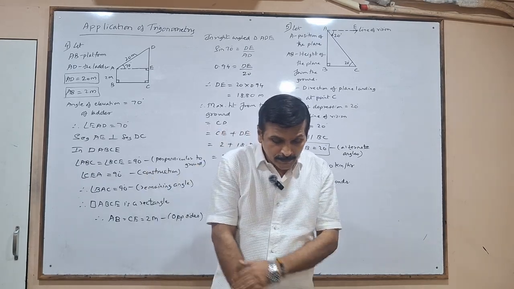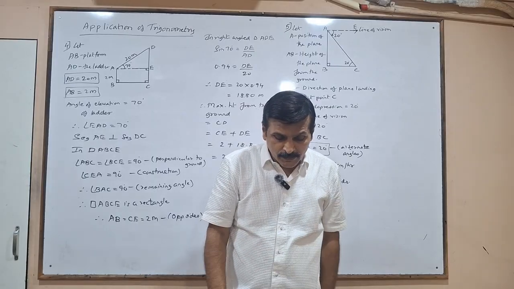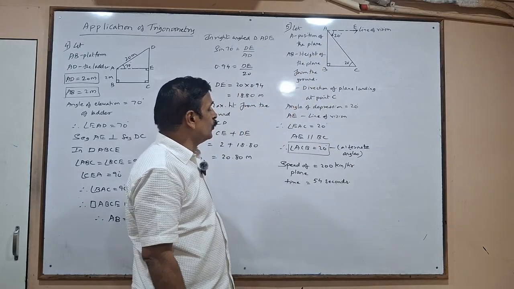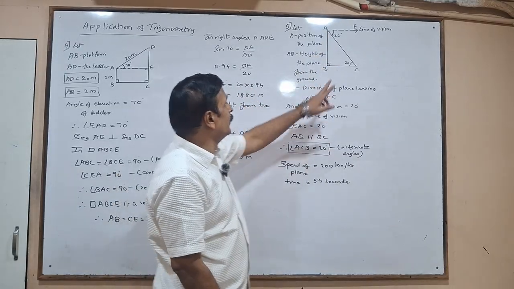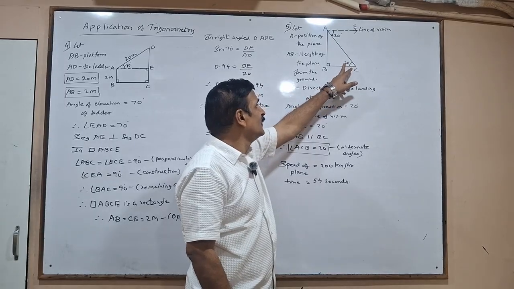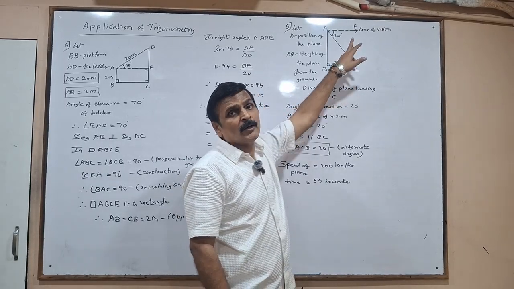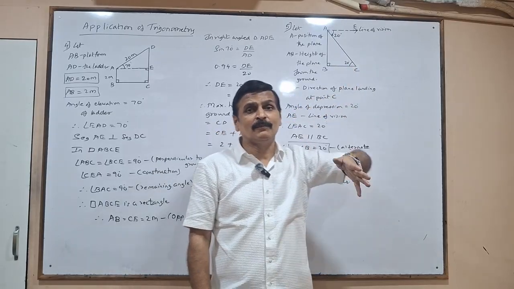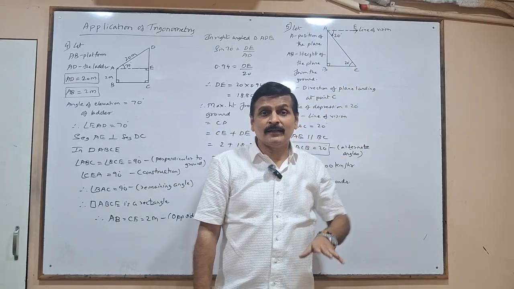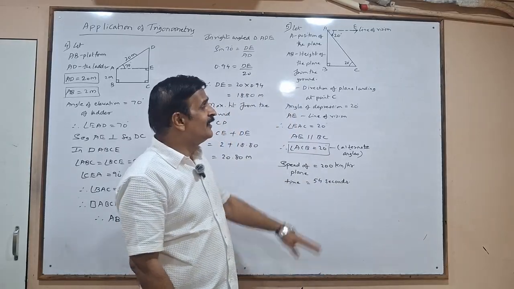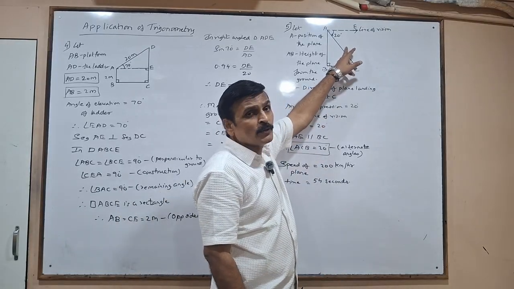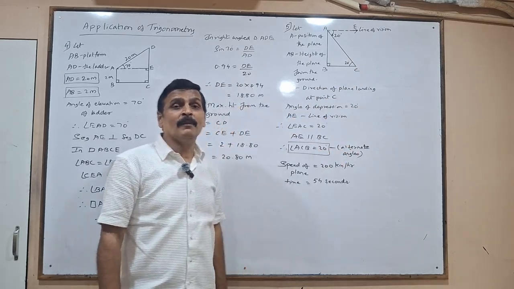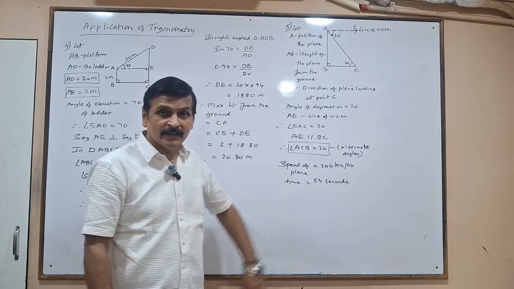We want to calculate height at which the plane was when it started landing. Means I want AB. Now to know AB, I require AC. I know the angle, so either I require BC or I require AC. Obviously BC, something which has nothing to do with the travel of the plane, I can't find it unless and until mentioned in the question. So what is there to be found out is AC, because AC is that distance which has been traveled by the plane in 54 seconds.